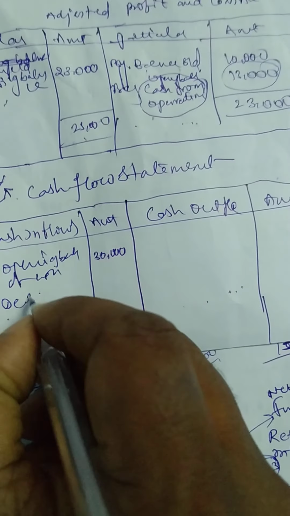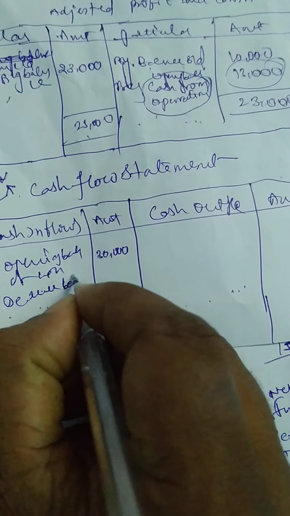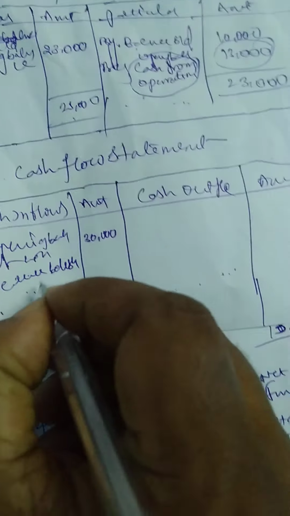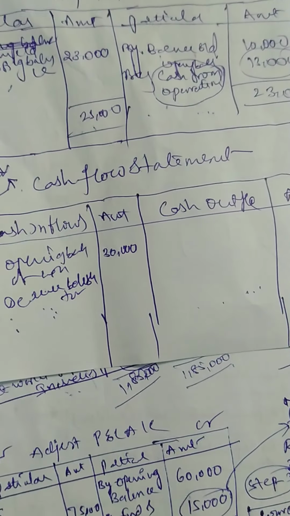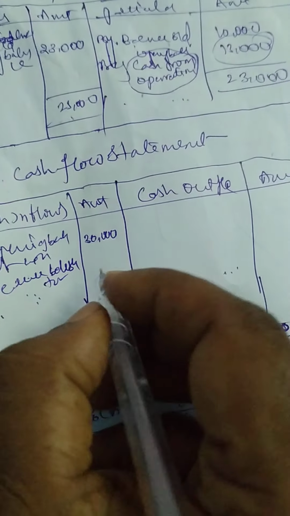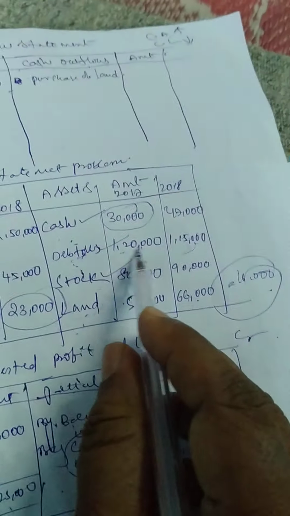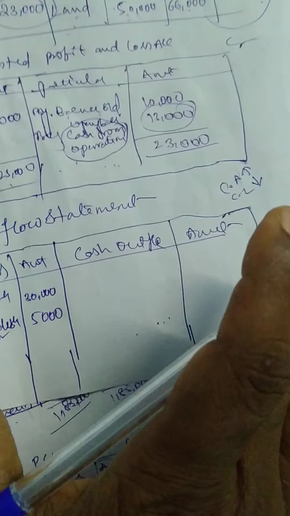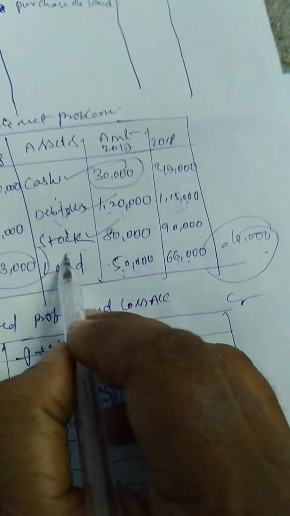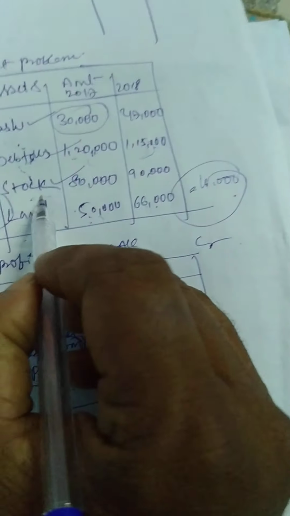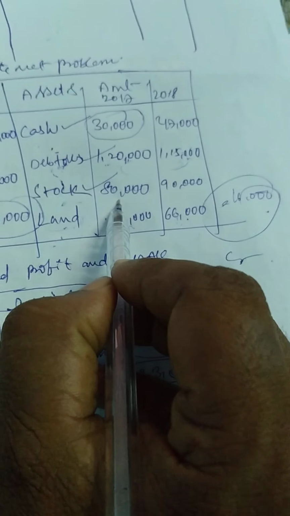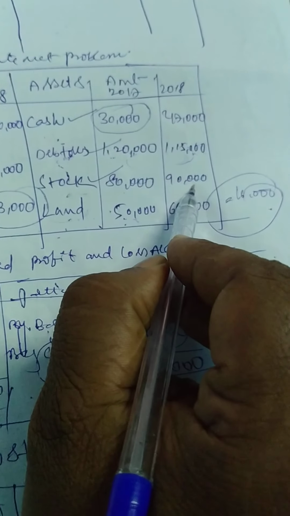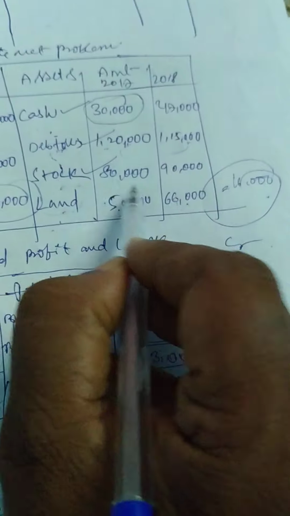So decrease debtors, how much? 1,20,000 minus 1,15,000, 5,000 decrease. Clear? Next, stock. This is also a current asset. Stock 80,000 in 2017, 90,000 in 2018. Is it an increase or decrease? It is increase.